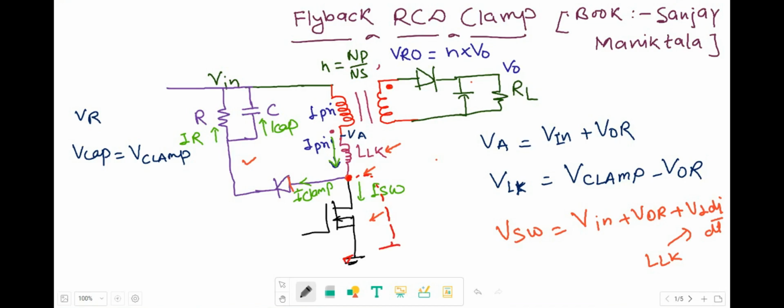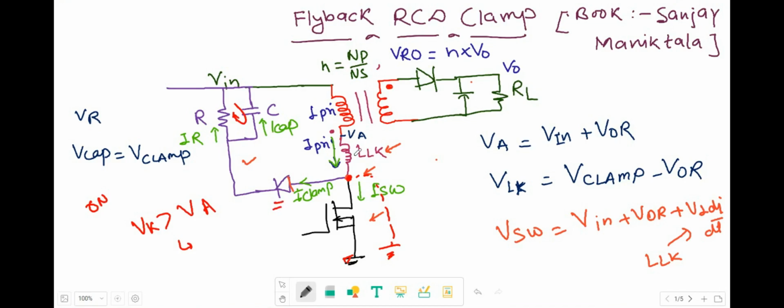Your capacitor will have the clamp voltage. It is discharging via R, but it will have some clamp voltage which is going to be higher than the voltage at the anode of your diode. So during the on time your VK, voltage at the cathode of your diode, is greater than the voltage at the anode, and that's why your diode is going to be turned off.